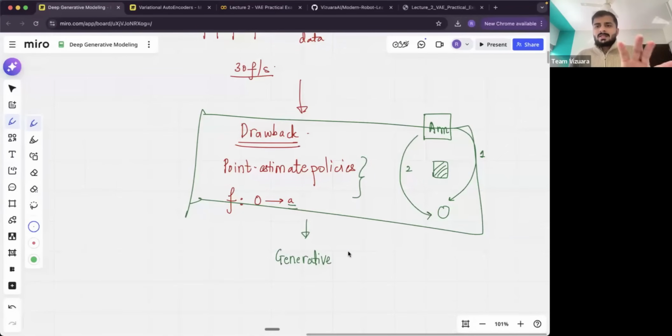So we are going to cover this in detail in today's lecture. And I think this will also help you understand this problem much better. Maybe some of you are not able to visualize this very cleanly. What do I mean by point estimate policies, and how do they differ from policies which are probabilistic in nature? So we will look at some practical examples to help you understand that.